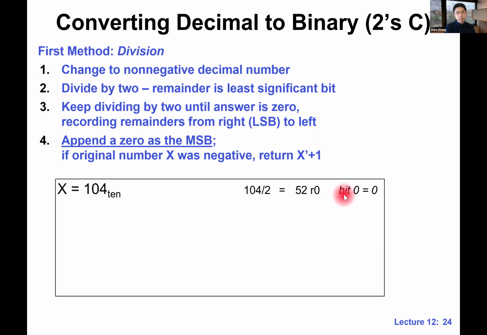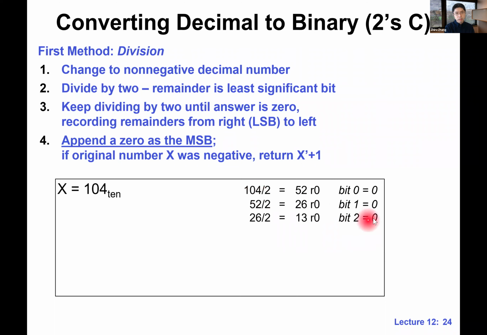Then we say that B0, the LSB, the least significant bit, is 0. And then we keep doing this iteratively. We do it on 52, then we get 26, again the remainder 0. We divide 26, we get 13, remainder 0 again.